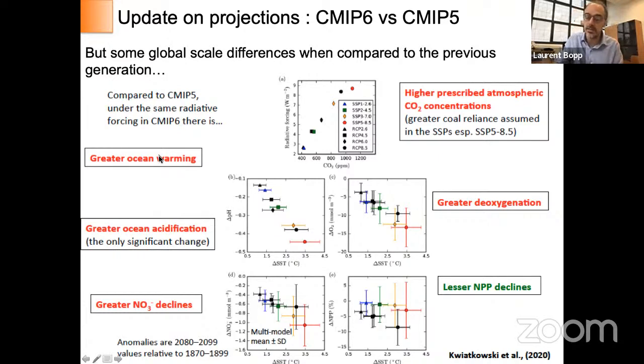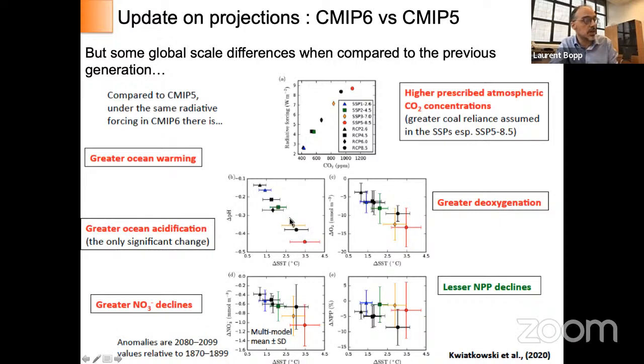And this is linked to the fact that many of the new models have higher climate sensitivity. So they do warm much more for the same radiative forcing. We have also greater ocean acidification. That's what you have here.